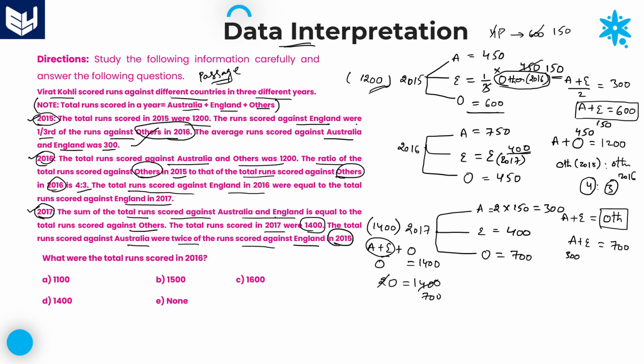Now you got all the values and you just calculate the total runs scored in 2016. Here it is 750, 450, 1200, plus 400, 1600. Total number of runs scored in 2016 is equal to 1600, and total number of runs scored in 2015 is 1200, in 2017 is 1400.